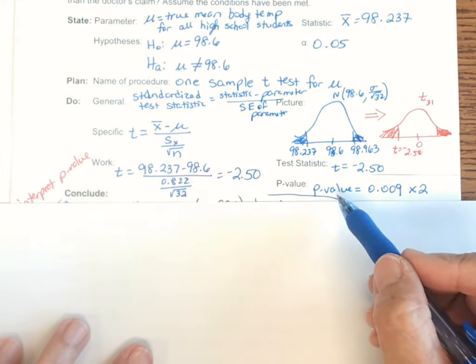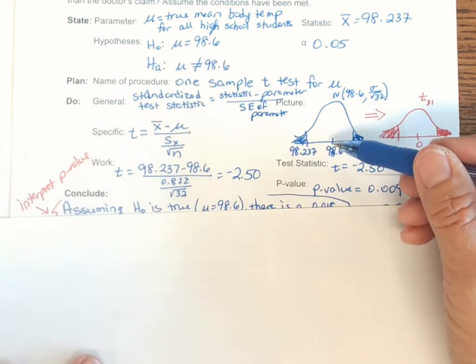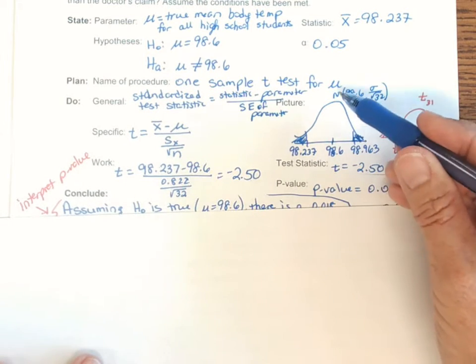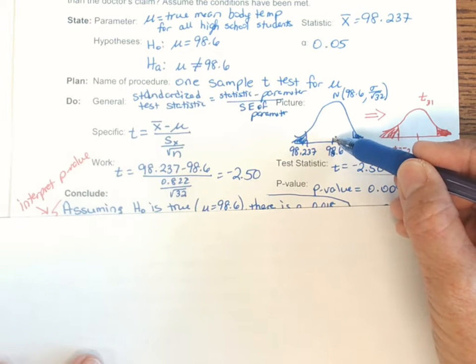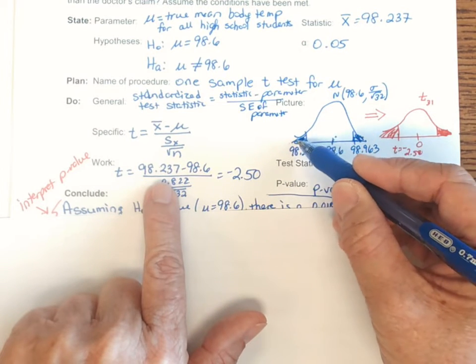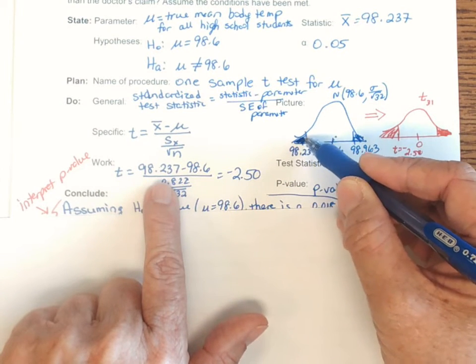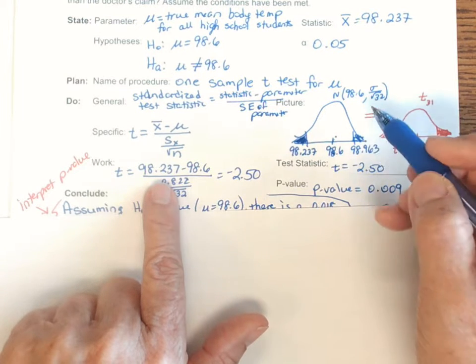We now need to find our p-value. We've got to be a little bit careful here. If I look at a normal distribution, 98.6 is here in the center, and I'm looking to see if my test statistic, 98.237, so this area over here, what's that probability? But remember, I don't care if it's less than or greater than.